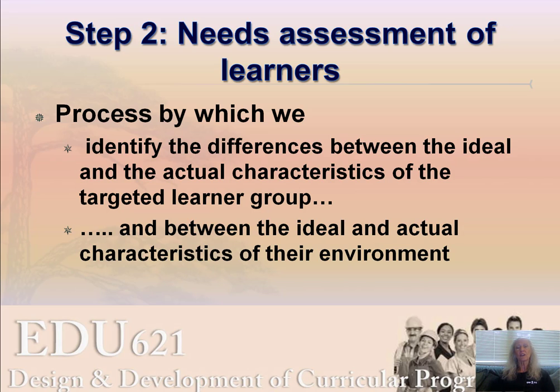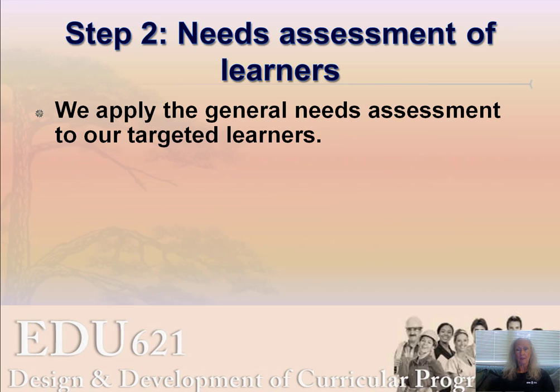We are also looking for the differences between the ideal and actual characteristics of their environment. And this can be the environment in which they are completing the program, as well as the environment in which they will be after the program. And all of this has to do with our targeted learners.